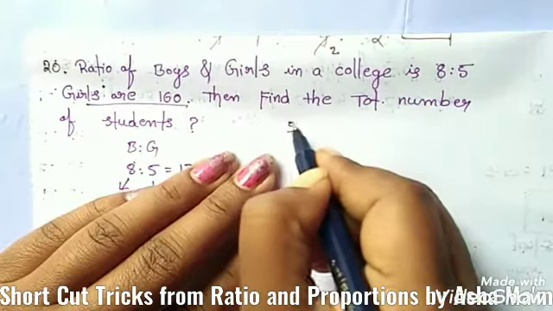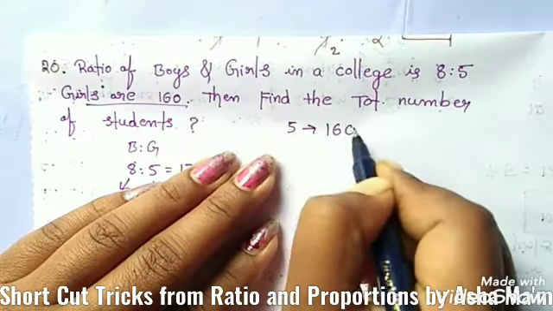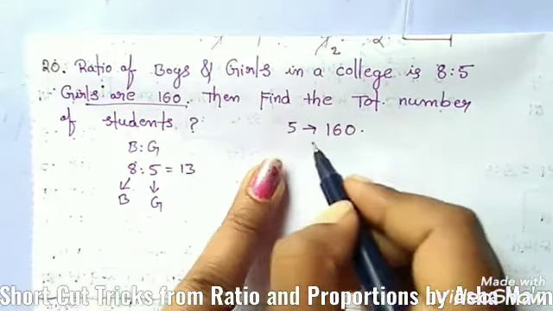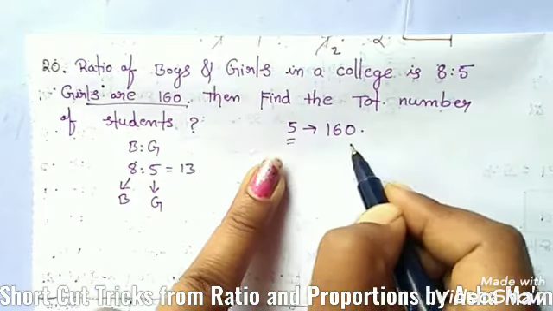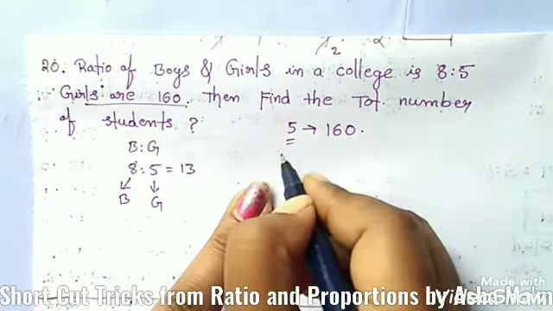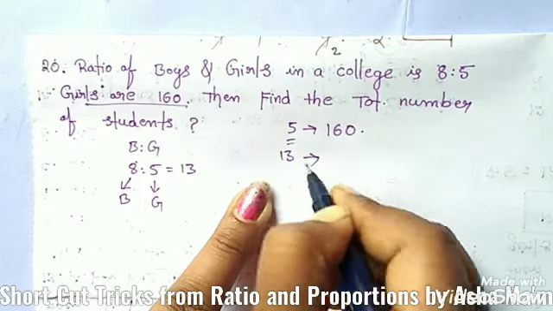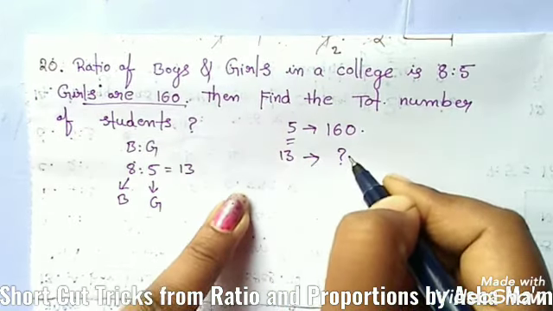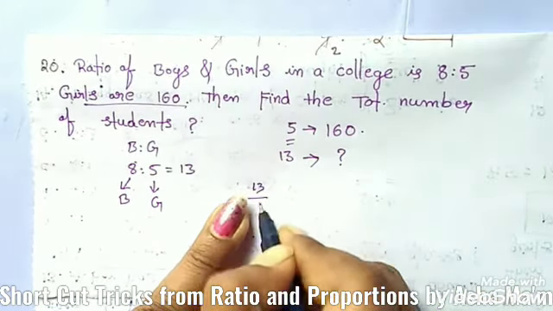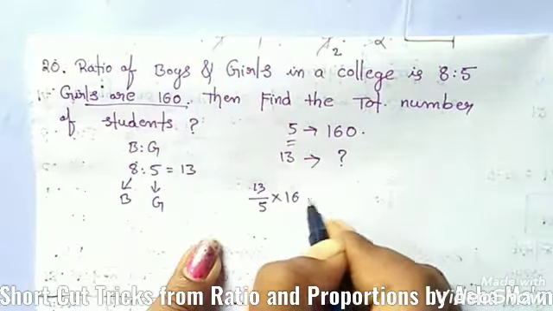Now this 5 is for girls and 8 is for boys. Okay, now 5 means that is 160. So girls number ratio is 5, that is 160. Now for 13, 13 means total number of students. How much? Then 13 by 5 into 160.